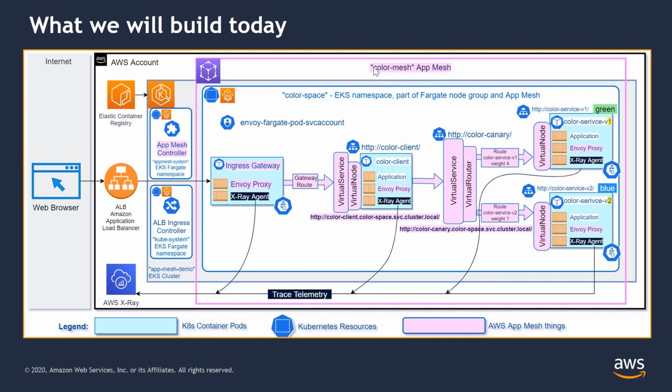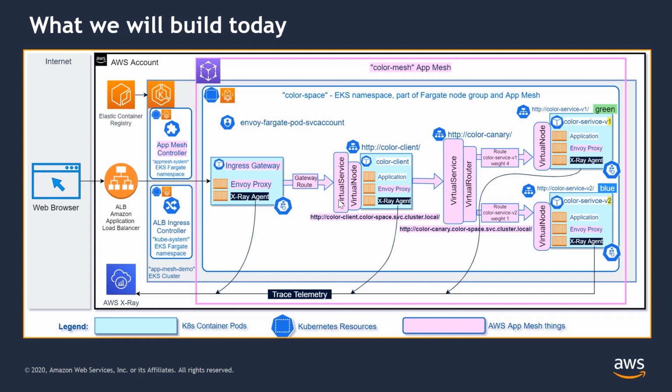We will have two versions of the Color application running on Kubernetes as containers, and fronted by a virtual service named Color Canary, which also will have a virtual router to split the traffic between version 1 and 2 of the Color service. There will be a Color client application container, and finally an Ingress Gateway linked to Amazon Application Load Balancer that together let internet traffic in.